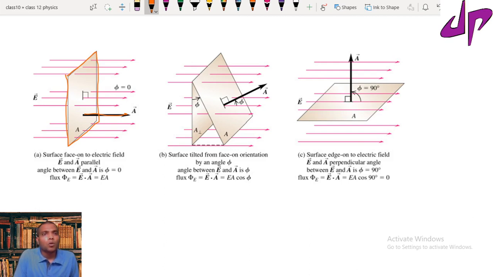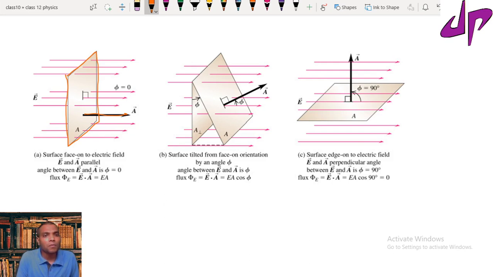Now the electric field lines and the area vector are parallel. The angle between them goes to 0. According to this, the surface is placed in electric field E bar, E bar and A bar are parallel, the angle between E bar and A bar equals 0.